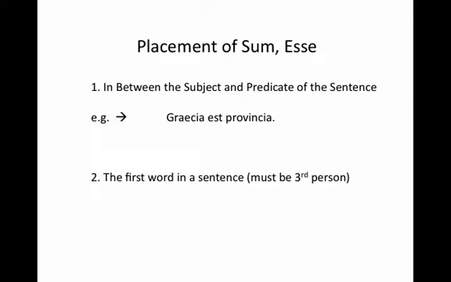When the verb to be is the first word in a sentence and it occurs in the third person, either singular or plural, it is demonstrative, as in est agricola in villa. And when you have est in a first position or sunt in a first position like this, you're going to take the subject there. So this sentence is, there is a farmer in the farmhouse. Demonstrative.